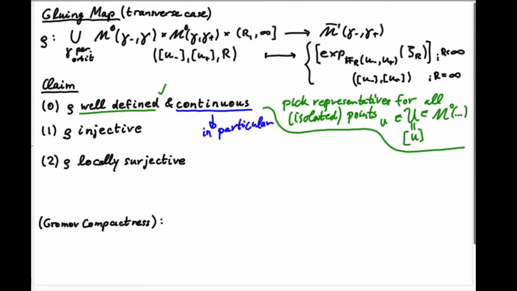If I fix U minus and U plus, and I let R go to infinity, then I would like the preglued curves, or the preglued and corrected curves, to actually converge to the broken one in the topology that we gave before.